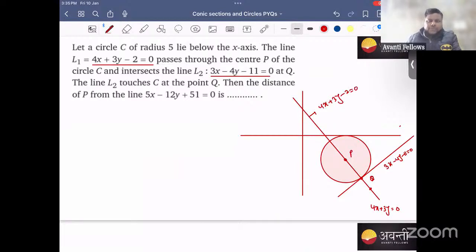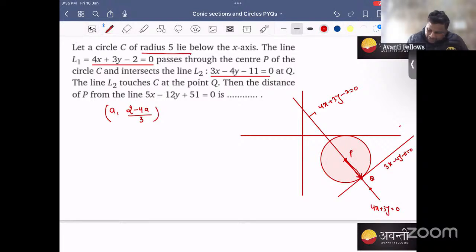Now let us assume that this point P is A, comma 2 minus 4a by 3. Understood? Now the distance of this point P from Q is the radius of the circle, and the radius is given to me as 5.